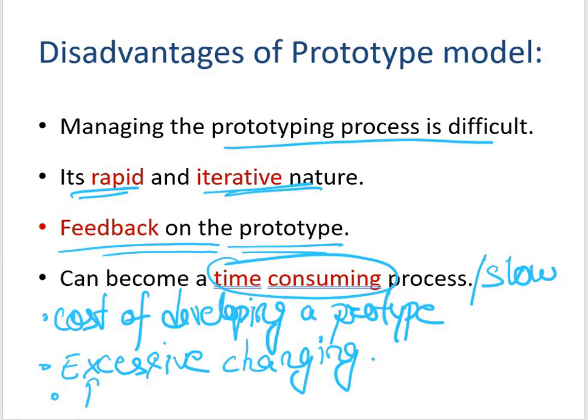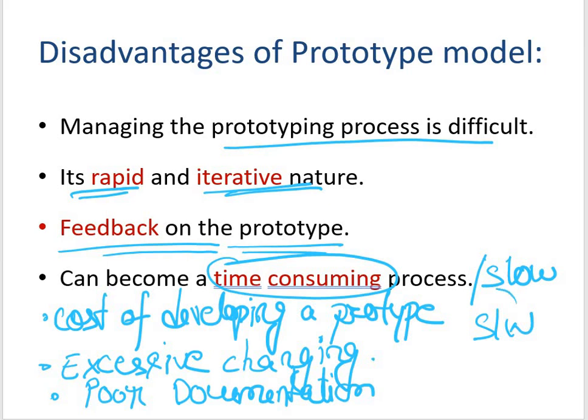It may result in poor documentation just because my requirements are frequently changing. And in the very beginning we said a software is complete when the product is associated with the document parts. And poor documentation, of course, is not acceptable.